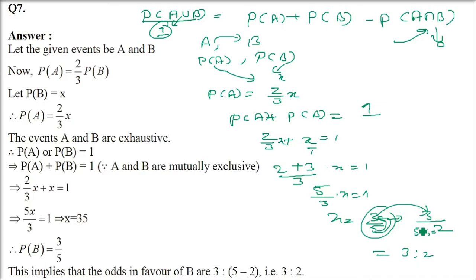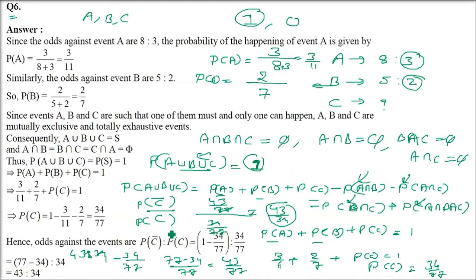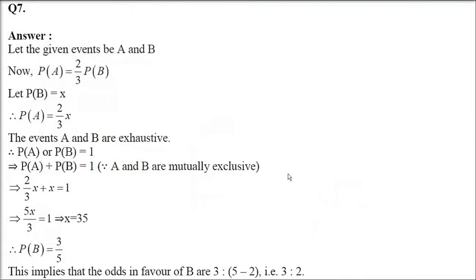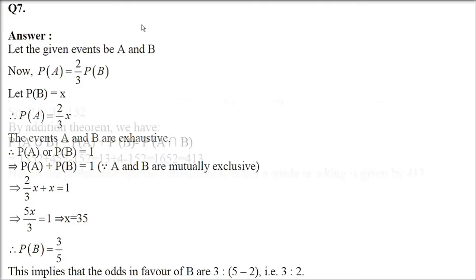This is the odds in favor of B. If it is odds against, you do it like this, but for odds in favor and against you have to do it carefully, because 3 by 5 was only the probability. Odds in favor will be 3 by 5 minus 3. This is not a probability, this is odds against or odds in favor.